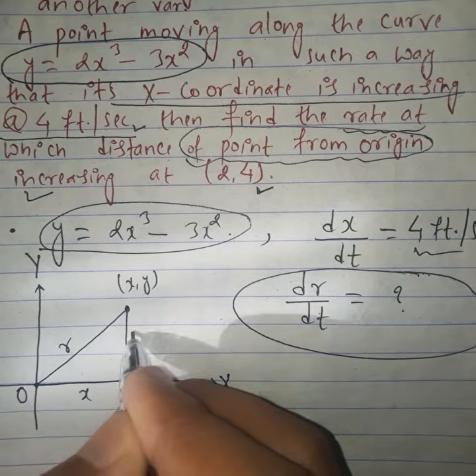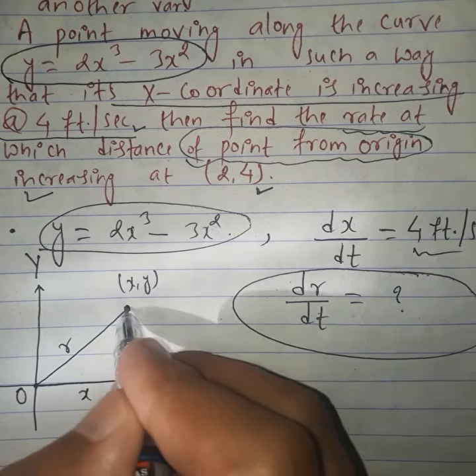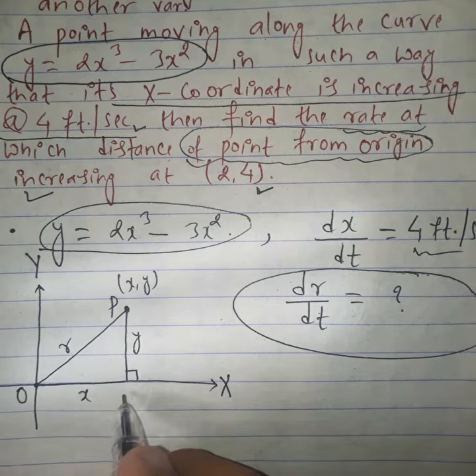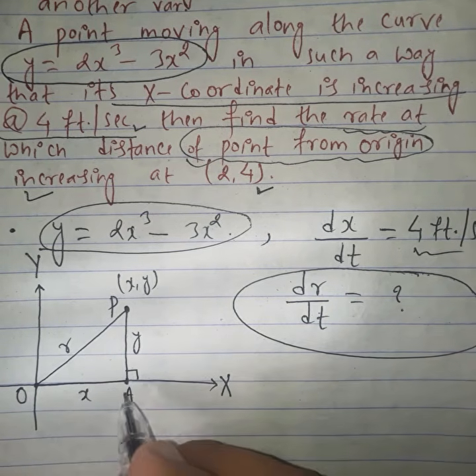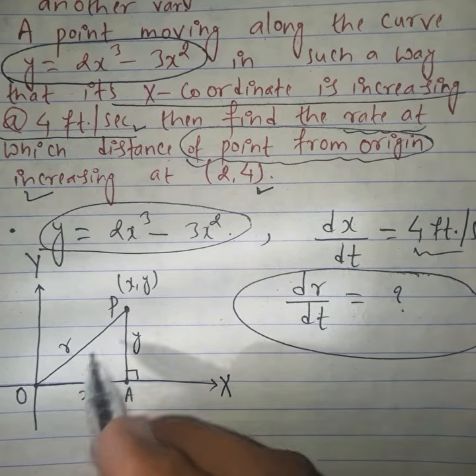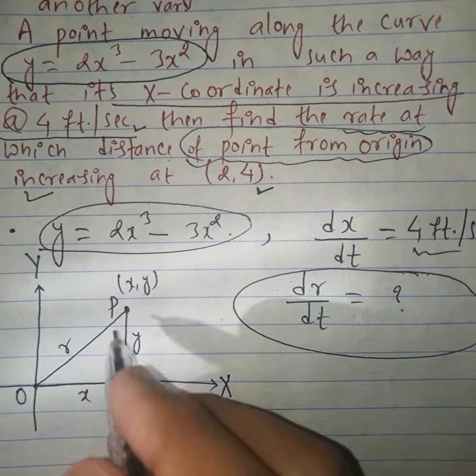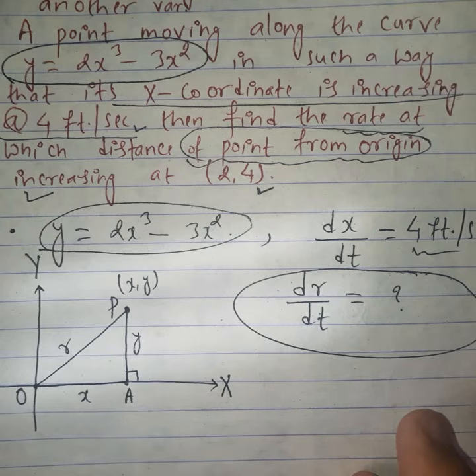This distance is x, this is y. Let's say this point is P, the origin is O and this is A. Here a right angle triangle POA is formed, so we can apply the Pythagoras theorem here.